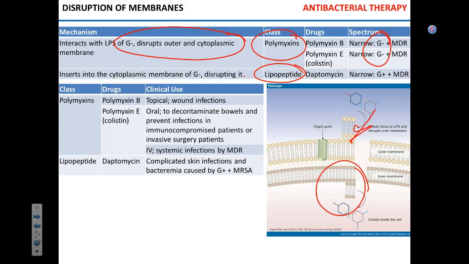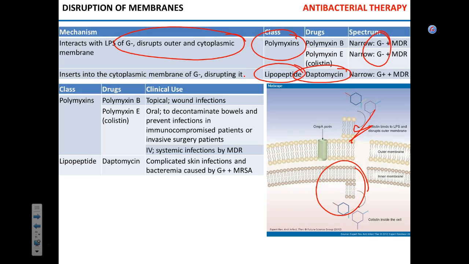Okay, so far, keeping up with me? So disruption of the membrane. Daptomycin is the drug belonging to the class of lipopeptides. Its mode of action is quite fascinating. It inserts itself in the membrane, and eventually several molecules of daptomycin form a pore.